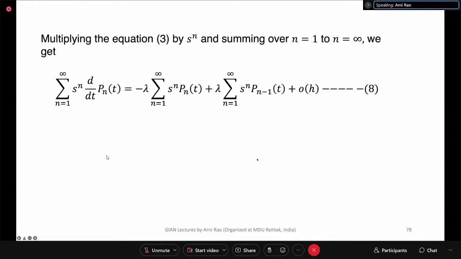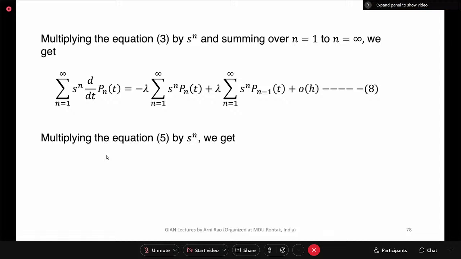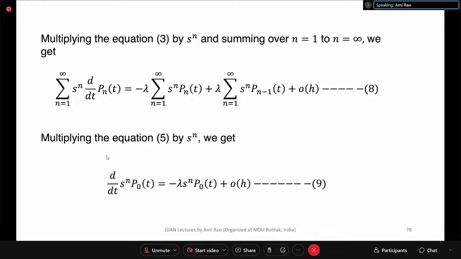So you multiply equation 3 by s^n and sum over n equal to 1 to infinity; recollect there, s^n d by dt minus lambda and so on plus lambda. And then similarly, equation 5 has only one d by dt term, so we don't have to sum up anything, because it is only the n equal to 0 part.